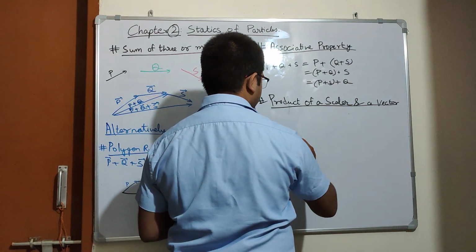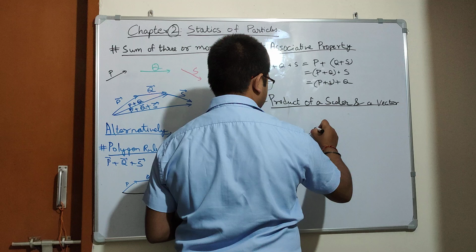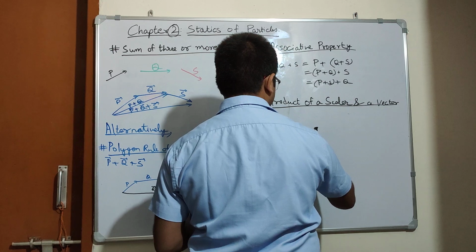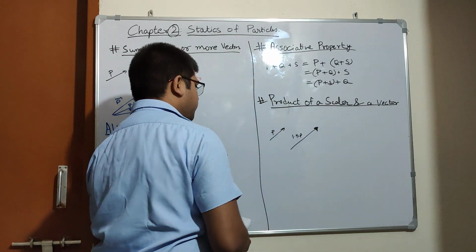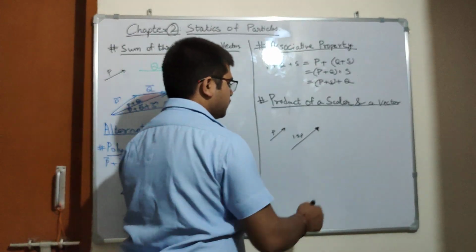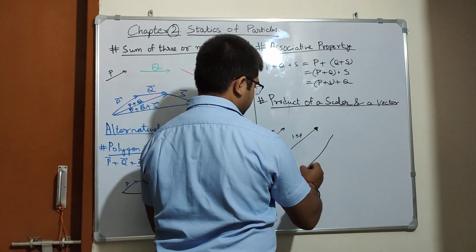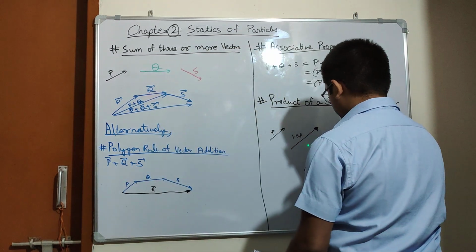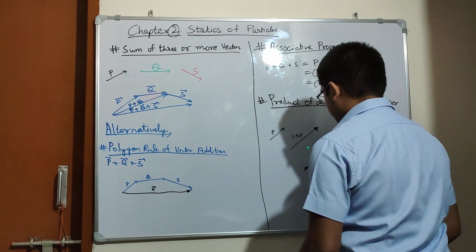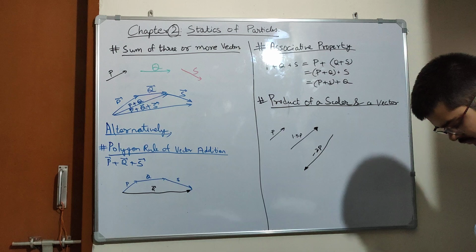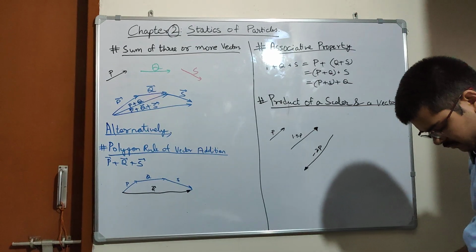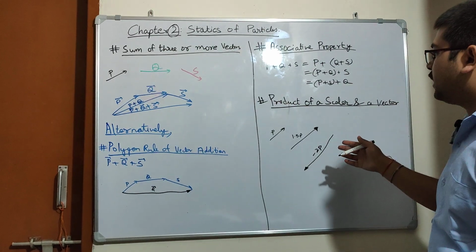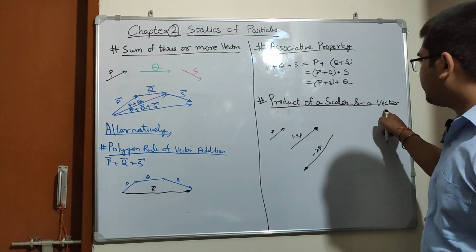So that vector would look like this: 1.5 P. And if we multiply it by minus 2, it would look like this. So this is how we make the product of a scalar and a vector.